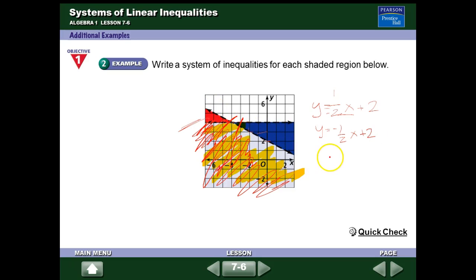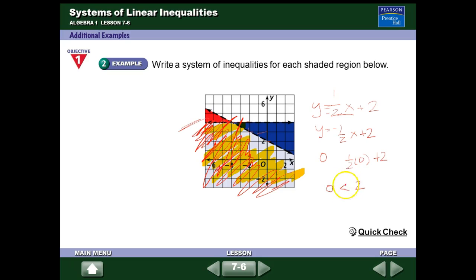I need to decide if it's less than or equal to, or greater than or equal to. So here, I'm going to test 0, 0. Right now, because 0, 0 is shaded in for this, it is a solution. So this has to be true. So negative 1/2 times 0, we've got to make this true. 0 is less than 2, so this does work. This is also a dashed line, so we do not include the equal sign.